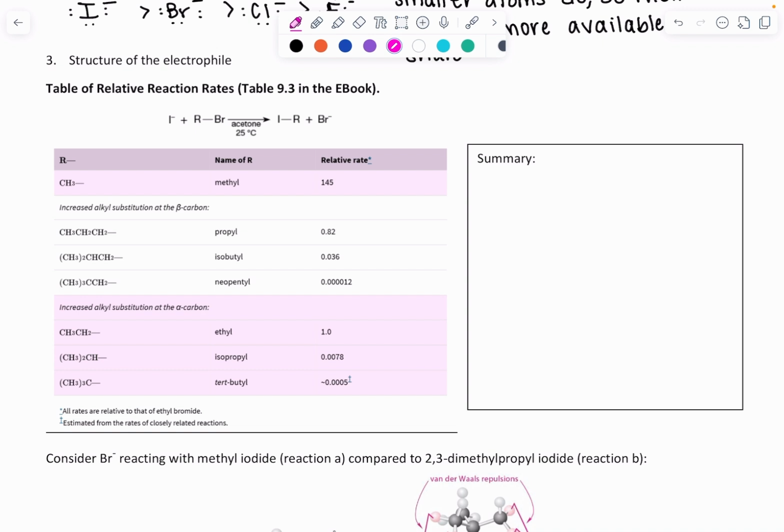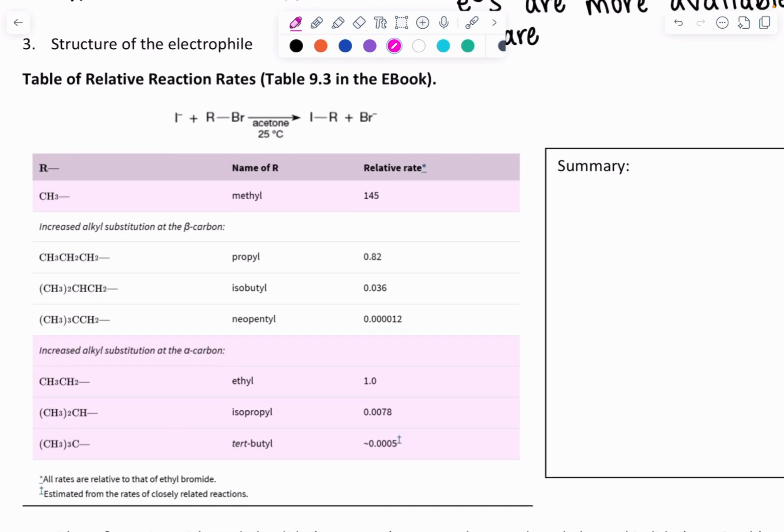This is in the book, by the way, so you're welcome to also look at it there in the text that goes along with it. We're talking about iodine as the nucleophile. Br is the leaving group, and this R group is what we're talking about. That's what's going to change.